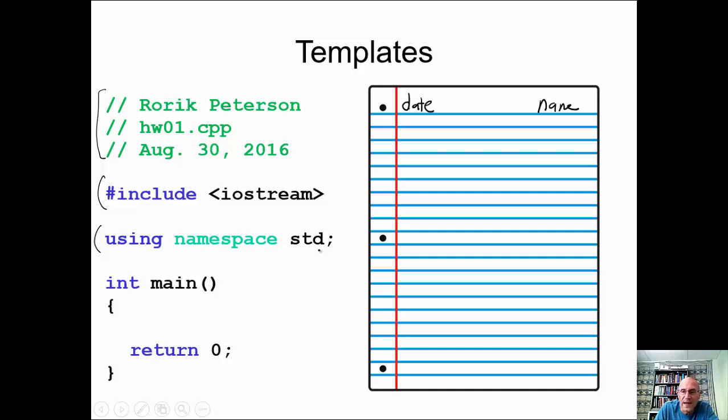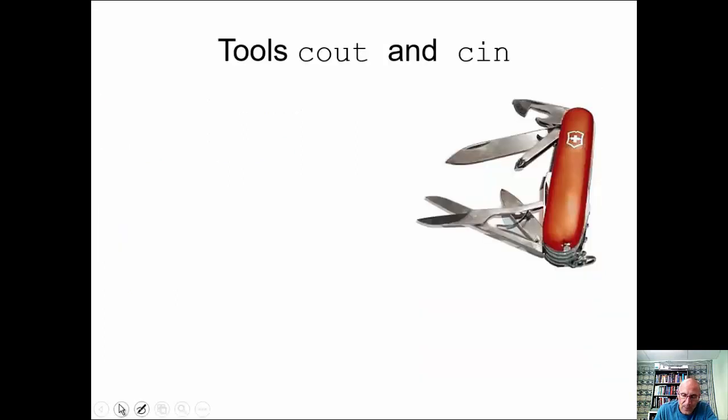Std is shorthand for standard. And then you're going to have this int main with a couple curly brackets, this return 0. You're going to have this every time that you write a program, and all of your program is going to go in here. You might include a couple extra include statements in there, but this is going to be this general template that we're going to be adding in every time. That's just some overhead you need to do whenever you write a program.